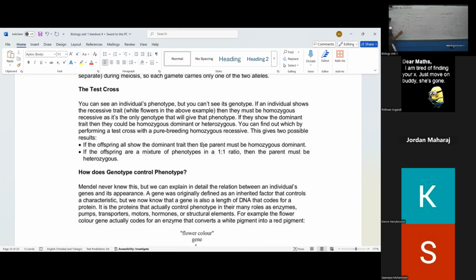So the possibilities here are, if you have to assign the letters, you would use W, capital W and small w, because it's big and small, that's why you use letters like that.